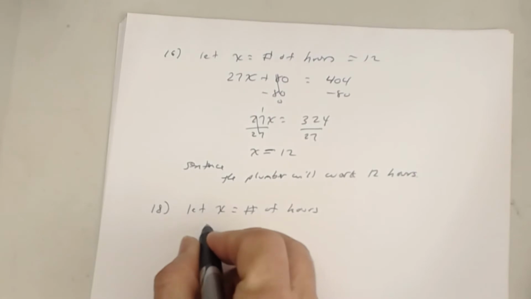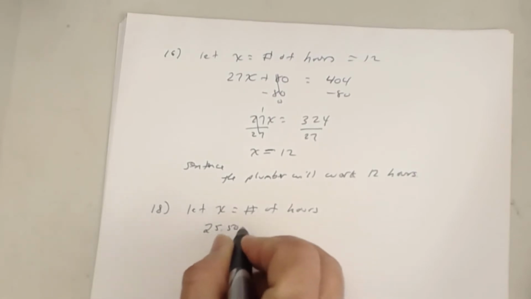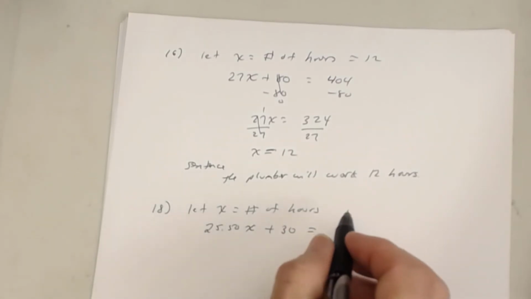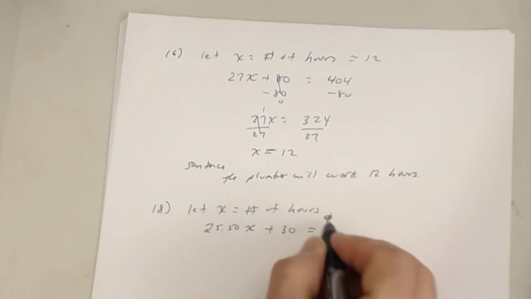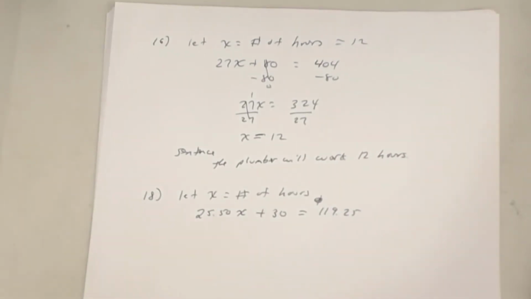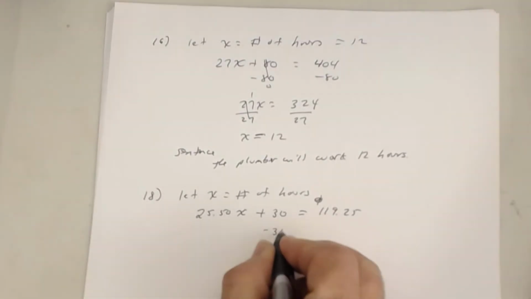Yeah. So 25.50x plus 30 equals 119.25. And so it's $25.50 per hour, and then the fixed cost is $30.